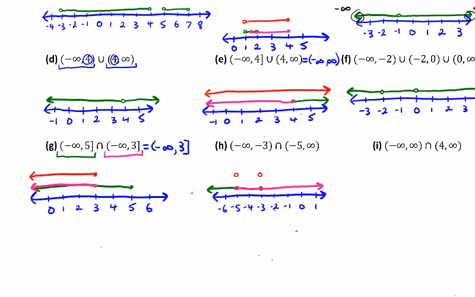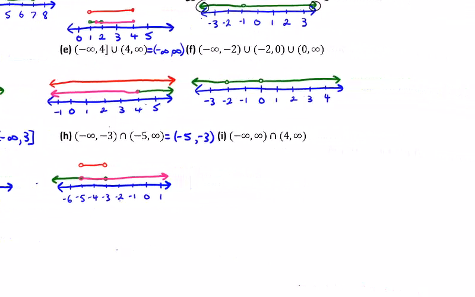But there is overlap between the green and the pink line everywhere in between -5 and -3. So I'll mark that as the final result there for this intersection, which means that I can take the intersection statement and I can write it more simply as -5 to -3. Always writing it from left to right.